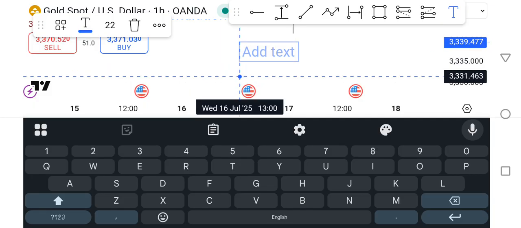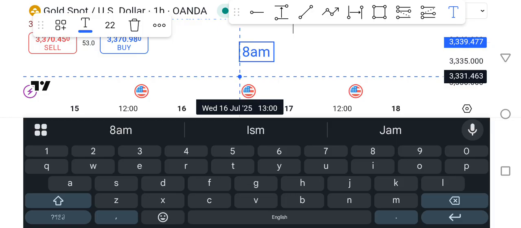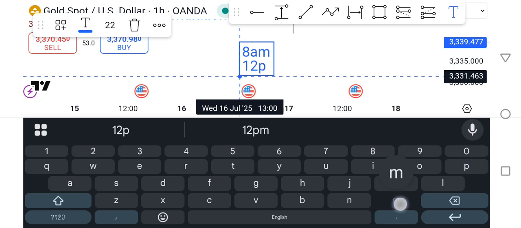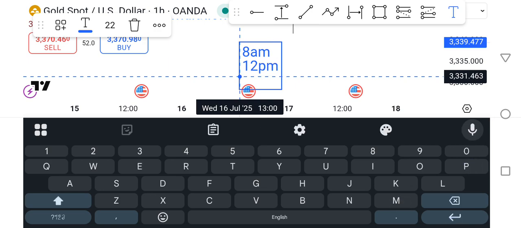The CRT pattern occurs at 1 a.m. Eastern time, that is 8 a.m. Kenyan time, 5 a.m. Eastern time, that is 12 p.m., and 9 a.m. Eastern time, which is at 4 p.m. Kenyan time.